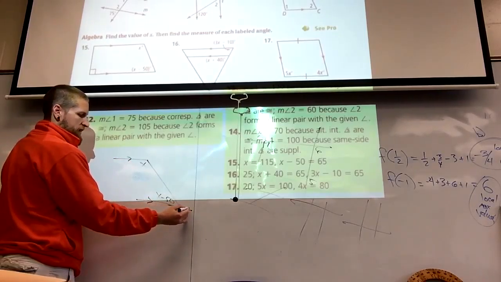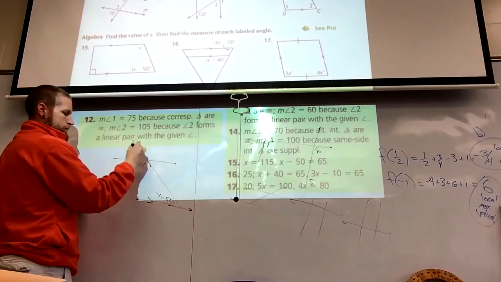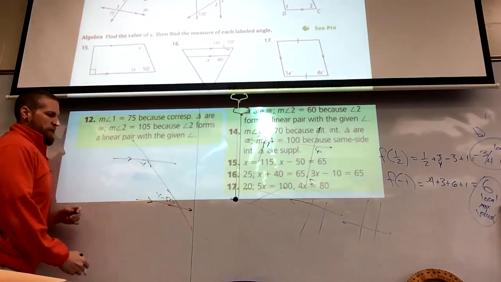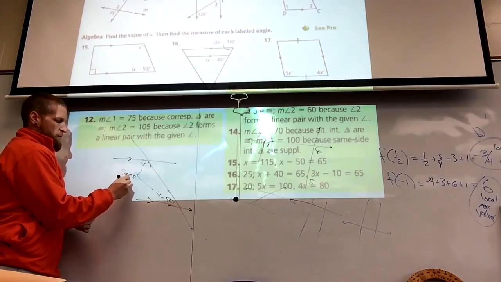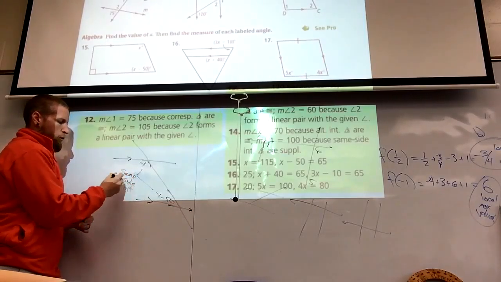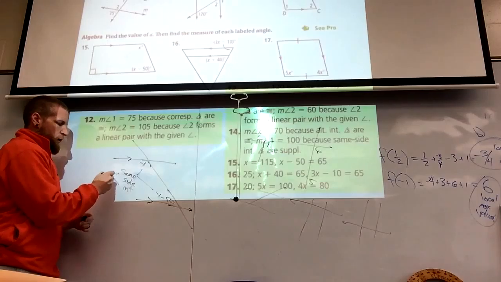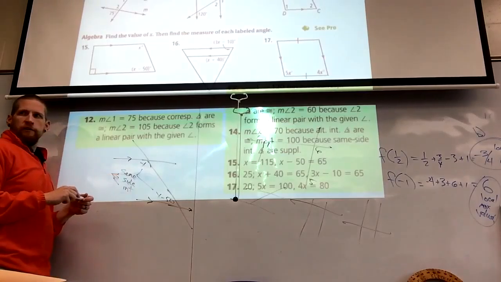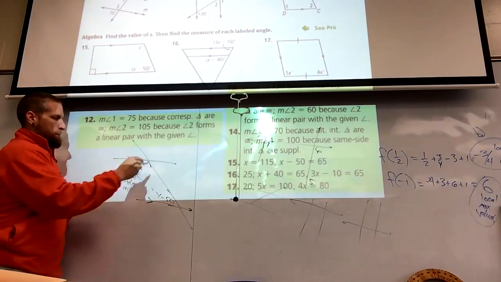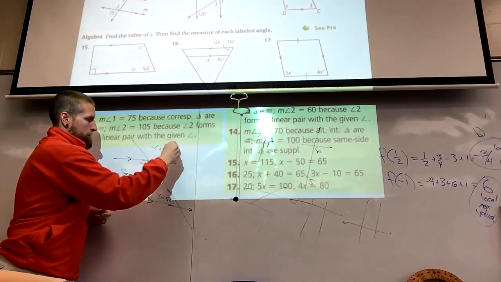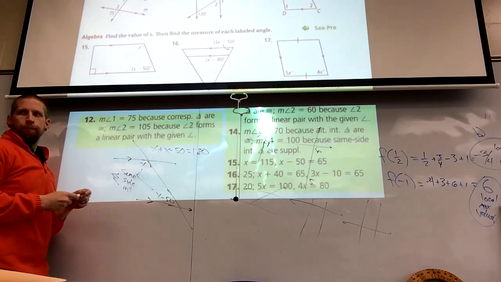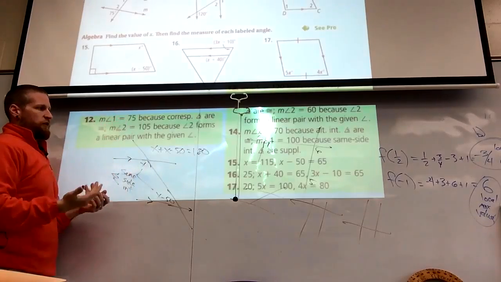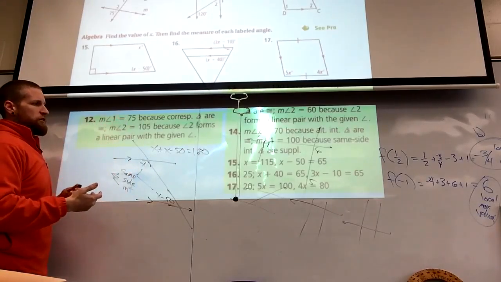So if I extended these out and created something like that, these would be your same side interior angles. Well, what was the one property that I said went with the same side interior? They added to 180. There you go. That's your whole setup. Then you just solve the linear equation.